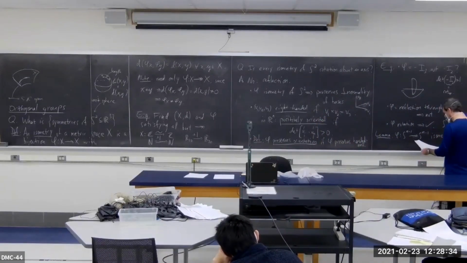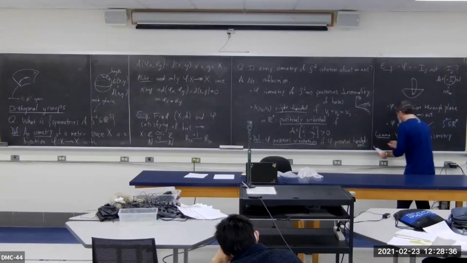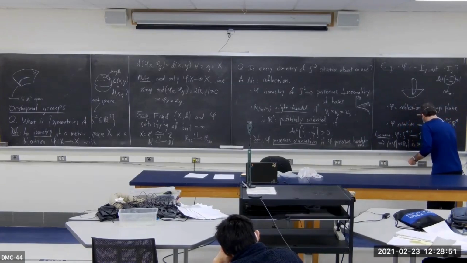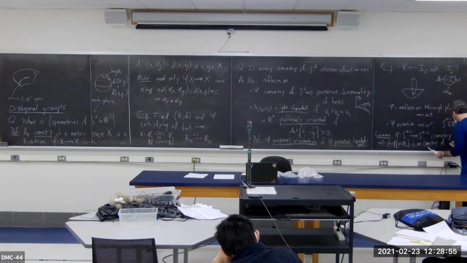If you have an isometry of the sphere, then look at alpha times phi, where alpha is a non-negative real number. This is an isometry of Rn.